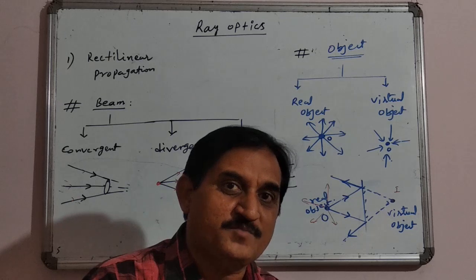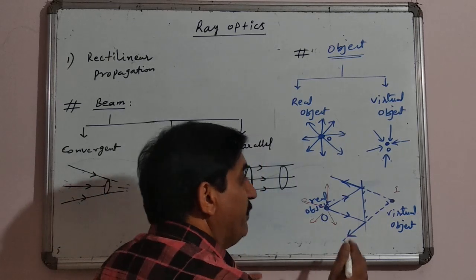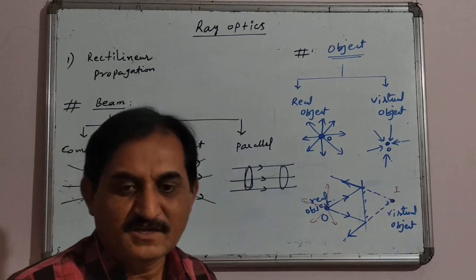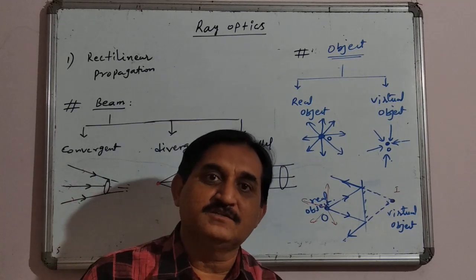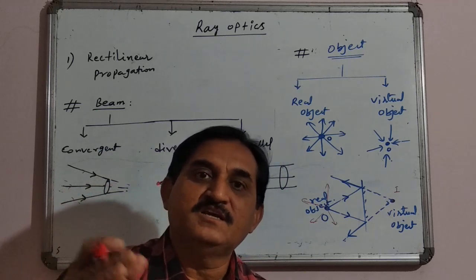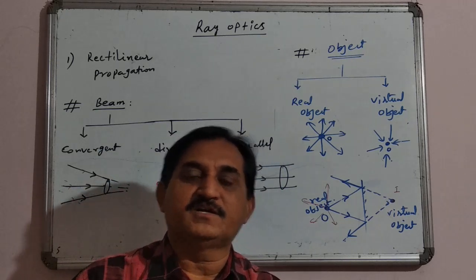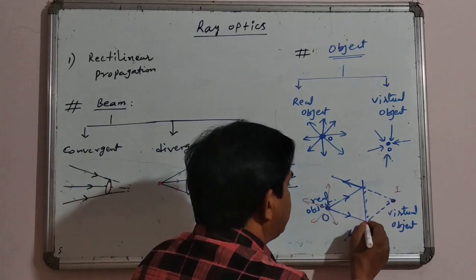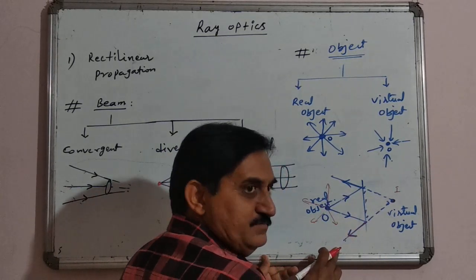Why is it a virtual object? By the law of reversibility, what is the meaning of it? If the light rays are reversed there itself, then the image will be converted into an object. Here also, the light rays are diverging from it after reflection.